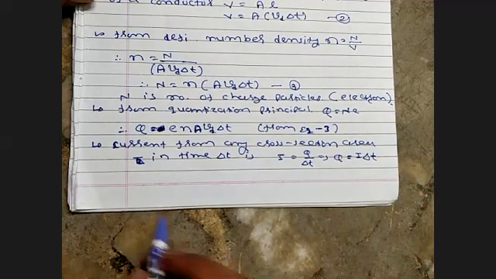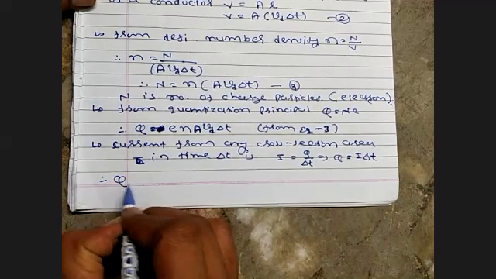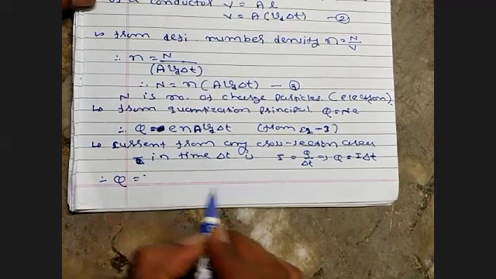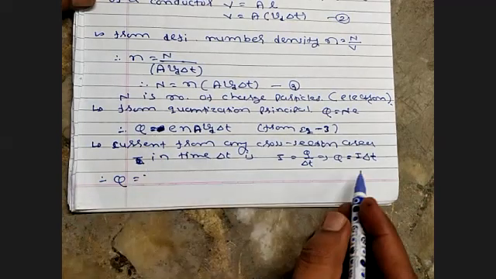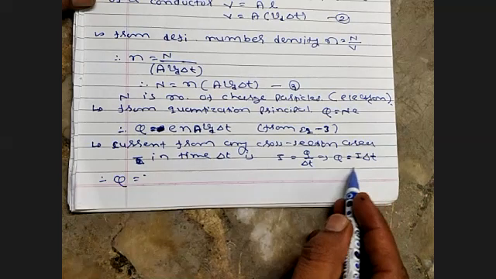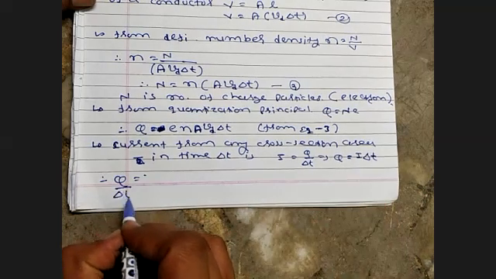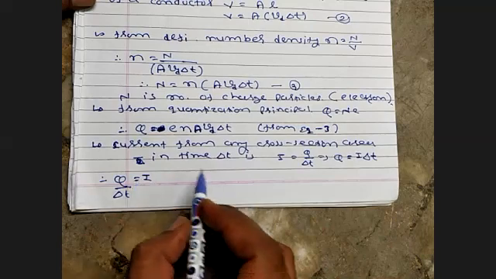That is the key point to understand. So Q divided by delta T is equal to I. So put it over here.